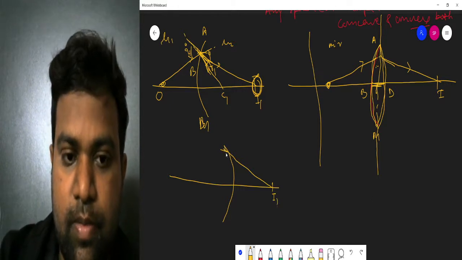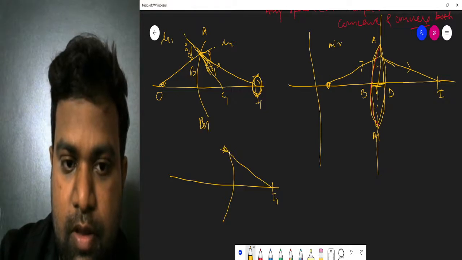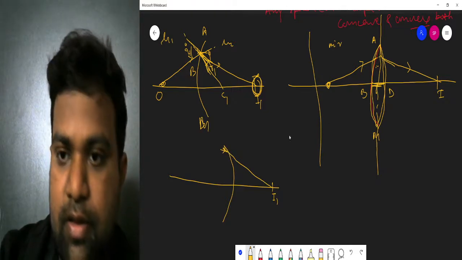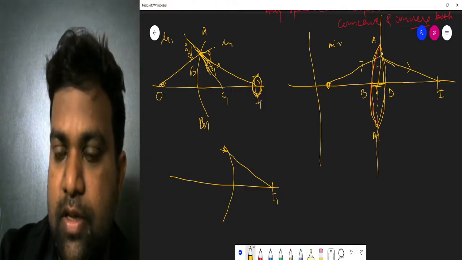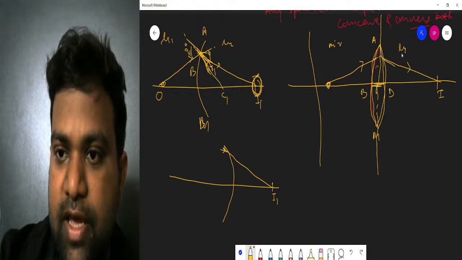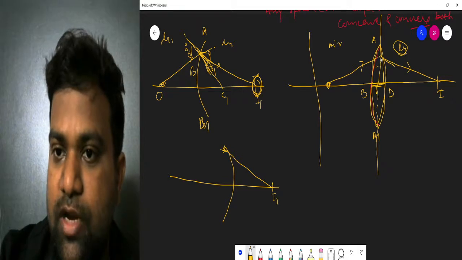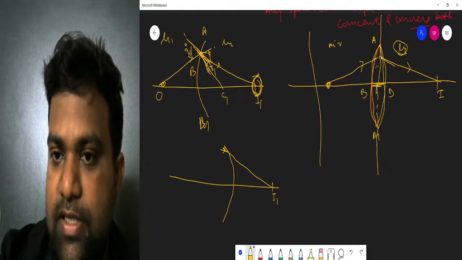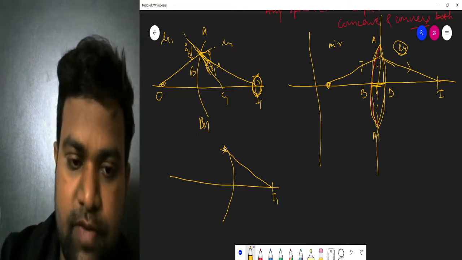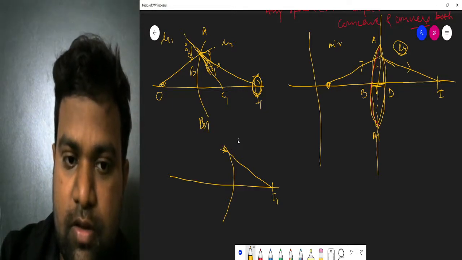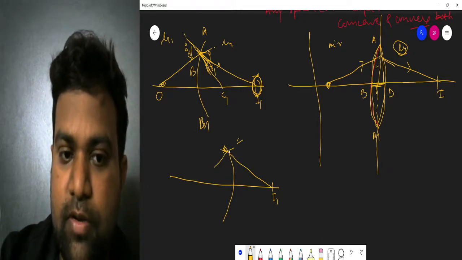Here outside is again air, so the refractive index is mu1, which means denser to rarer medium. Here the light is traveling from denser to rarer, so there will be deviation from the normal, and the deviation will be away from the normal.